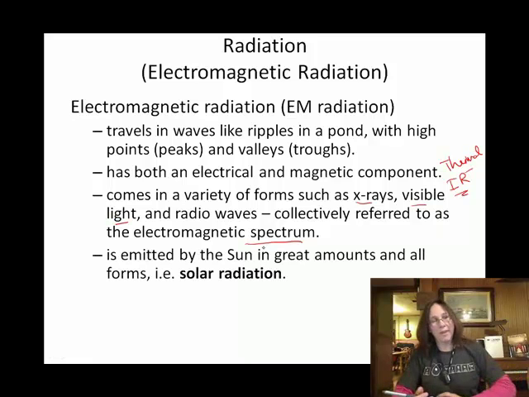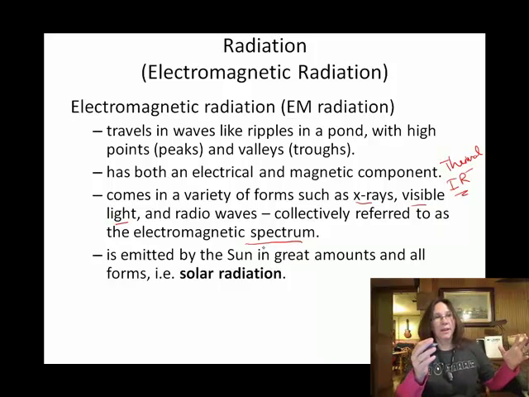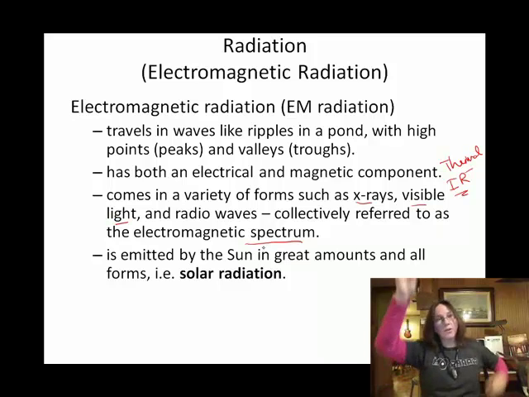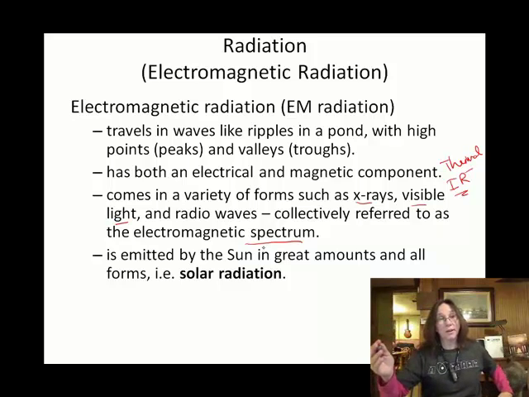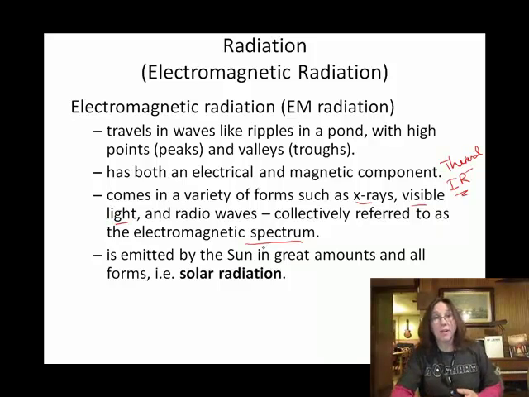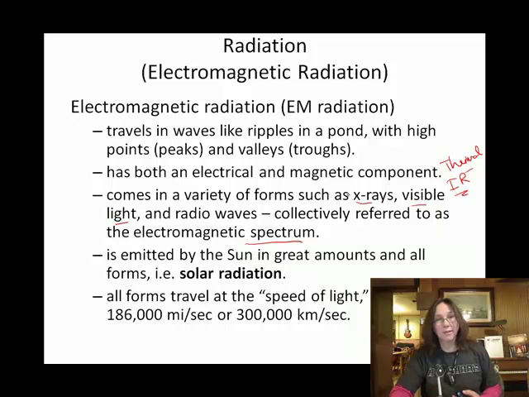It's a beautiful thing. We're not going to talk much about the sun's power per se, but just know that when the sun beams its energy in all directions, it hits all of these different types of radiation: X-rays, visible light, radio waves, of course infrared radiation, ultraviolet, all of that stuff.